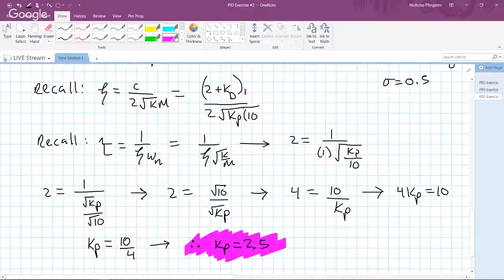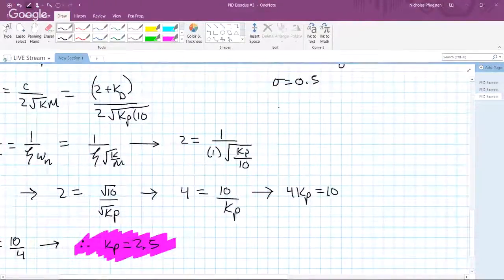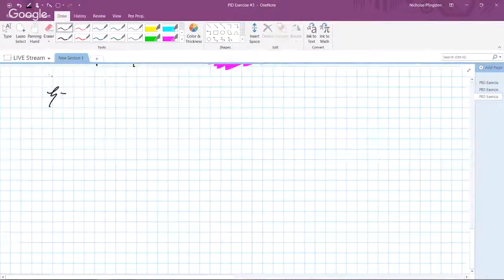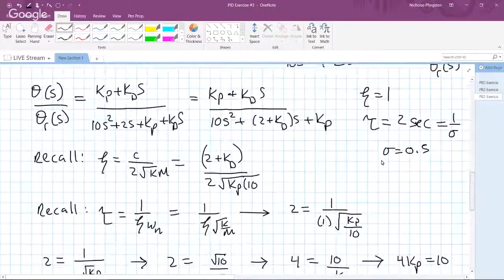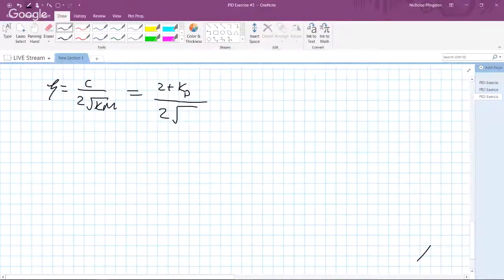So now, since we know kp, we can find kd. So kd now, we're going to recall that this here is going to be c all over 2 square root km, and that was going to be 2 plus k sub d, 2 kp, but that's 2.5.